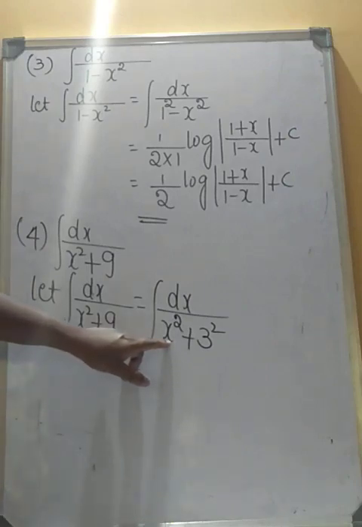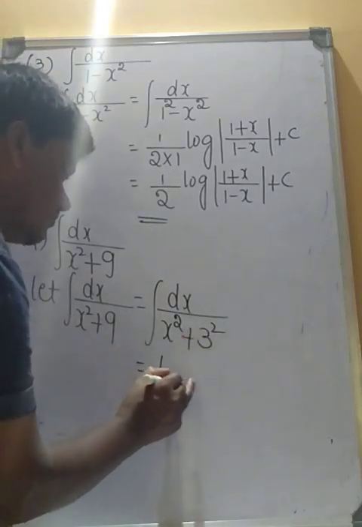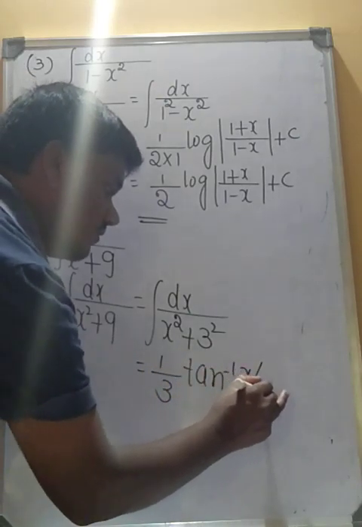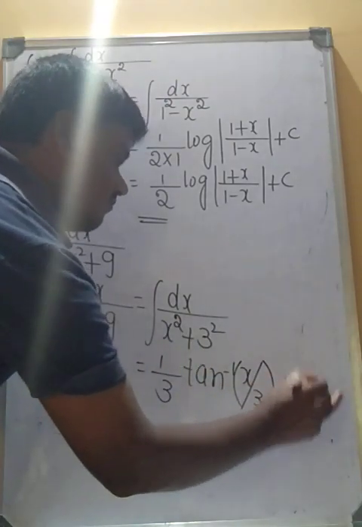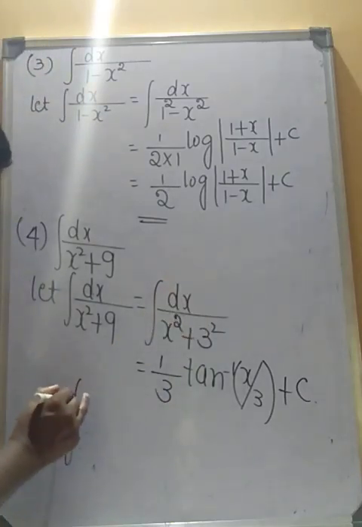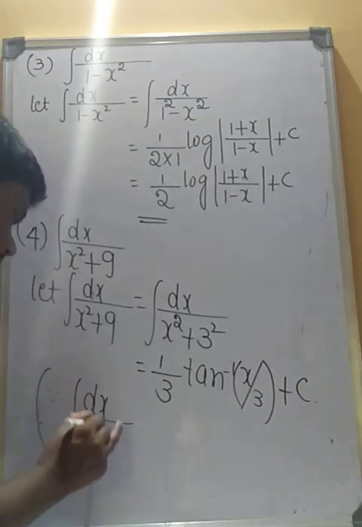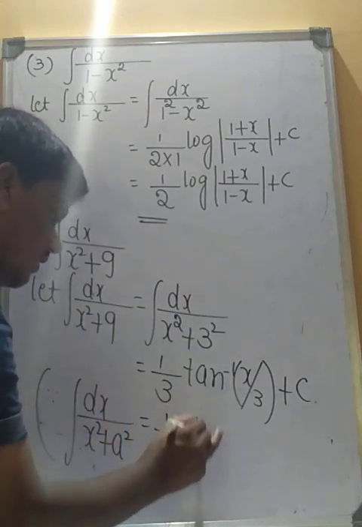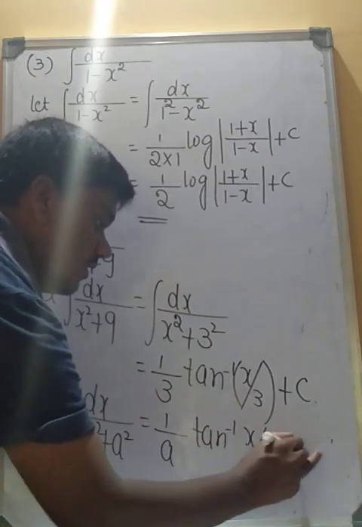Now the form of this is x square plus a square, and you know the formula: 1 by a into tan inverse of x by a. Here x is x and a is 3, so it is 1 by 3 tan inverse of x by 3 plus c. That is, integral of dx dividing by x square plus a square equals 1 divided by a into tan inverse of x by a plus c.